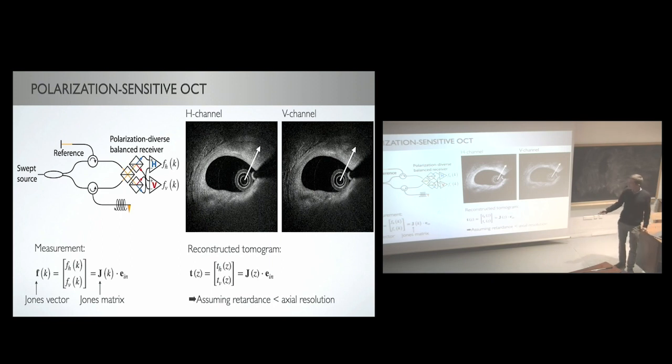This makes sure that we don't miss any sample light, because the light is going to interfere with one of the two reference arms. We can think of this as the Jones vector, the classic definition of the Jones vector. And this Jones vector that we record describes our input polarization state transmitted through the round trip transmission from the source to the sample and back to the detector.